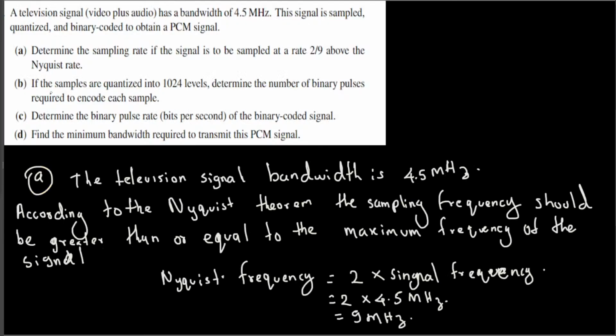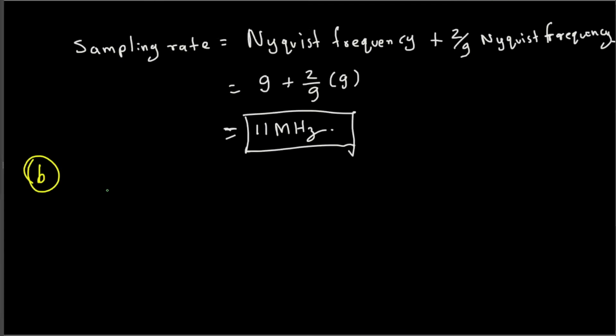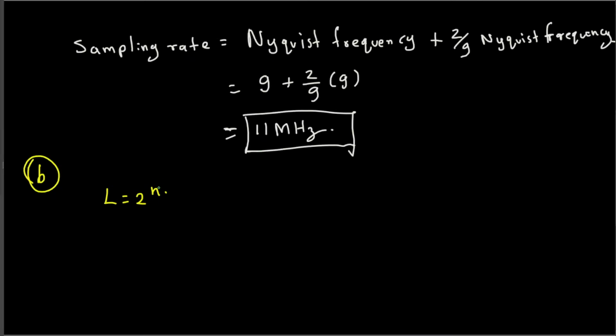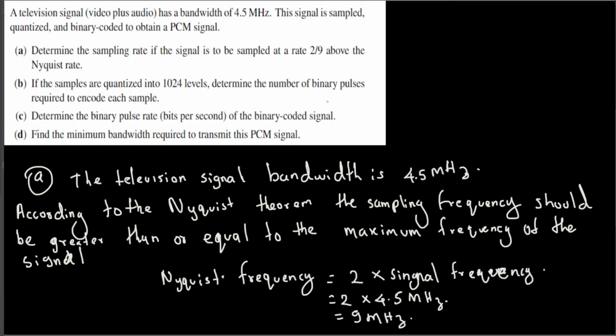The B part of the question is asking, if the samples are quantized into 1024 levels, determine the number of binary pulses required to encode each sample. So the number of levels is equal to 2 to the power n. We have to find n, which is the number of pulses required to encode each sample.